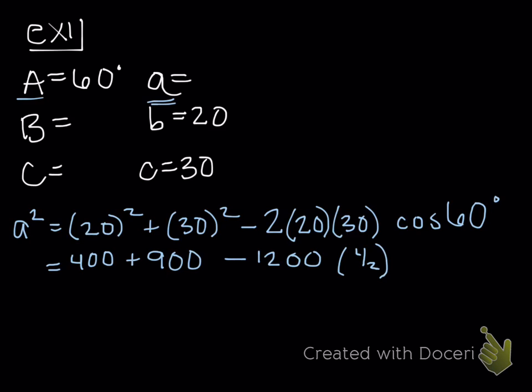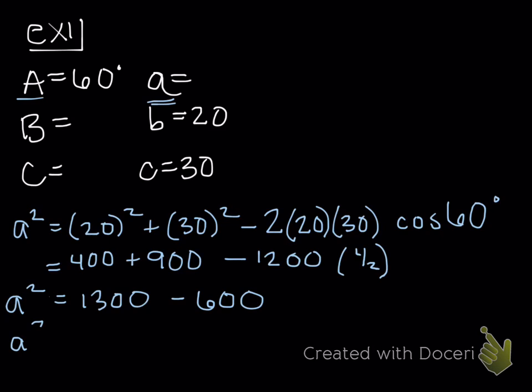You could also think that 60 degrees is pi over 3, so cosine of pi over 3 is 1/2. You could also do it like that. Okay, so 400 plus 900 will give us 1,300. Half of 1200 is 600.